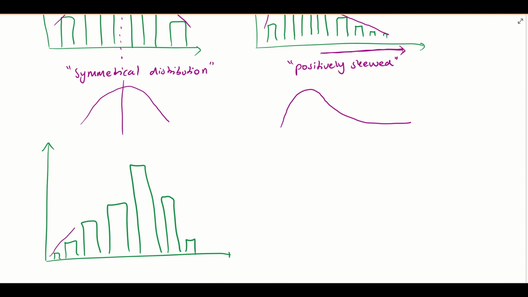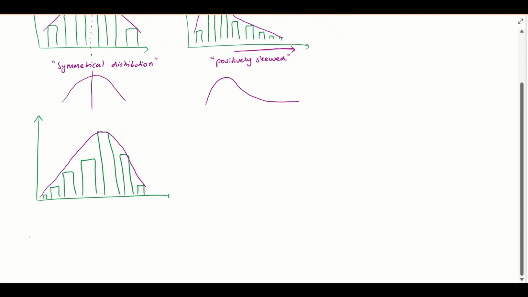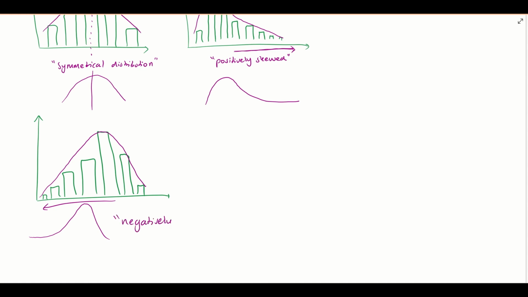If we put our curve over the top, it climbs and then it falls straight away. So we've got this climb and then an immediate collapse because the tail has been pulled in the negative direction. It's been pulled to the left, down the x-axis. So we call this negatively skewed.